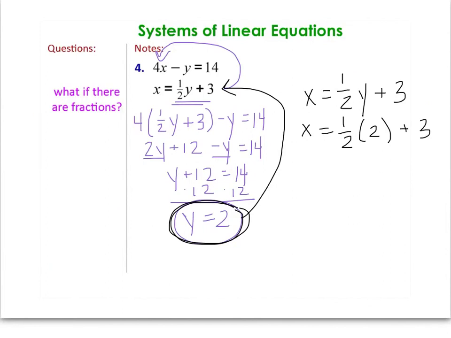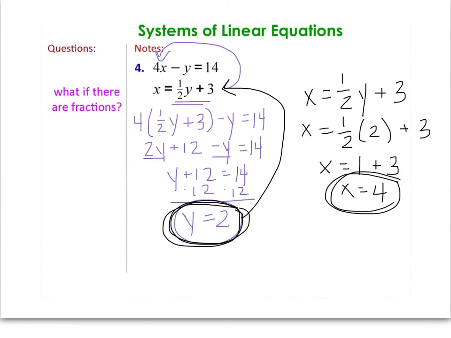Well, 1/2 times 2, that's just 1, so x equals 1 plus 3, so x equals 4. So y equals 2 and x equals 4. So my answer would be that point 4, 2.